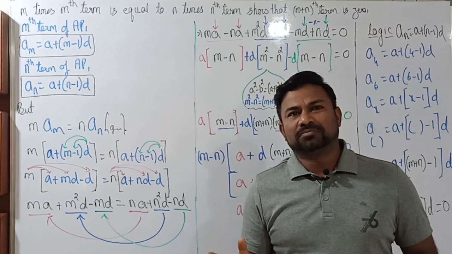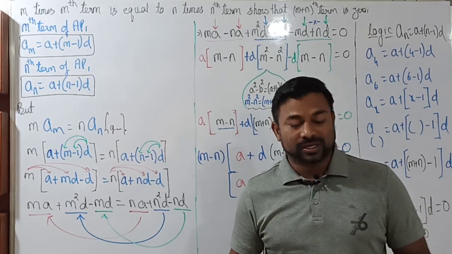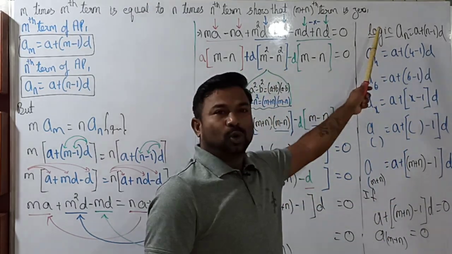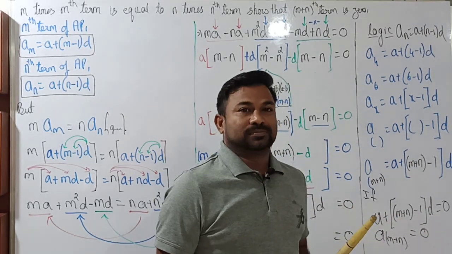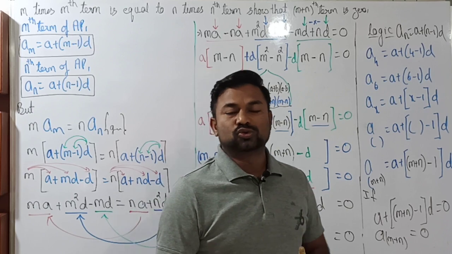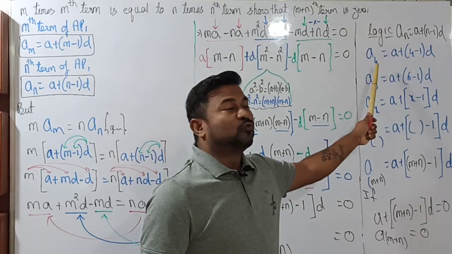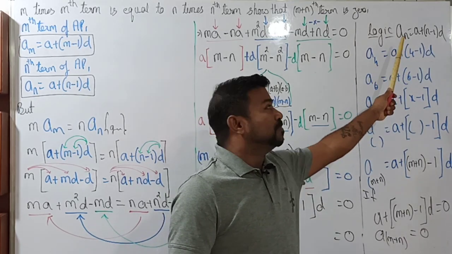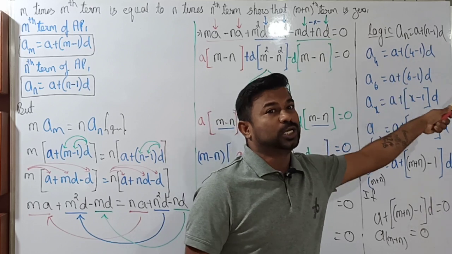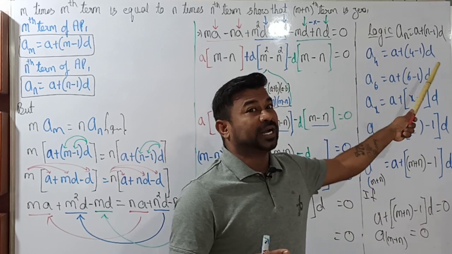To deal with this sum, let me go a little bit logically, as it is a tricky sum. First, let's come back to the concept. We know the nth term of an AP, or the last term, an is equal to a plus (n minus 1) into d. That's the formula we use to find any term. The fourth term is a plus 4 minus 1 into d.